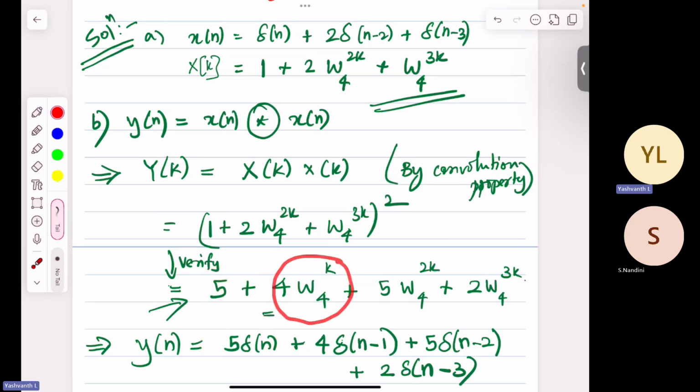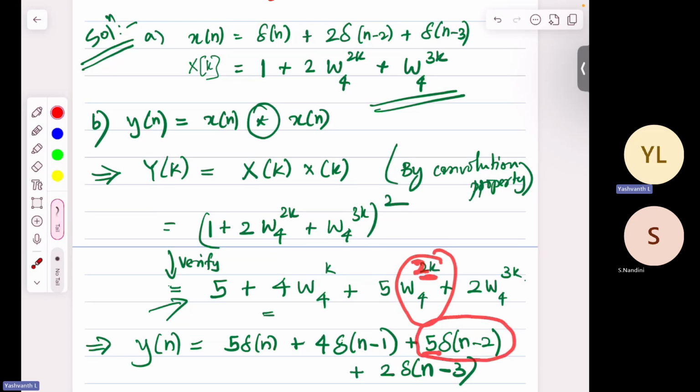4 into w4 power k is nothing but k into 1, so you only have one x in the exponent. That means you need to delay by 1 in the IDFT. Now w4 power 2k means you are delaying by 2, so it should be 5 into delta of n minus 2.